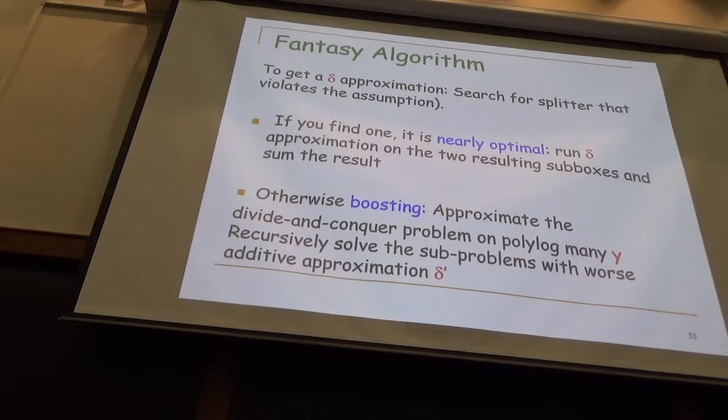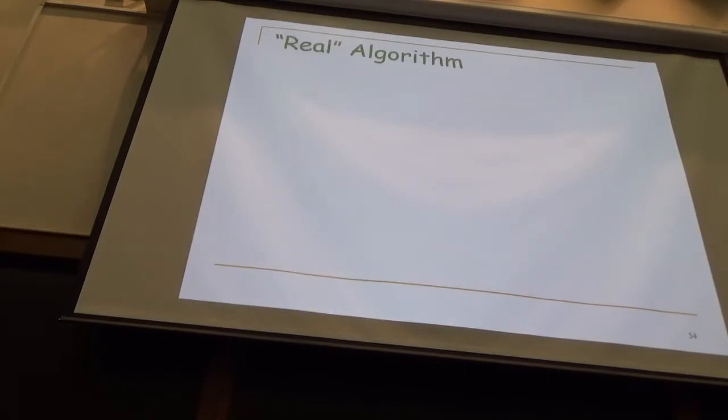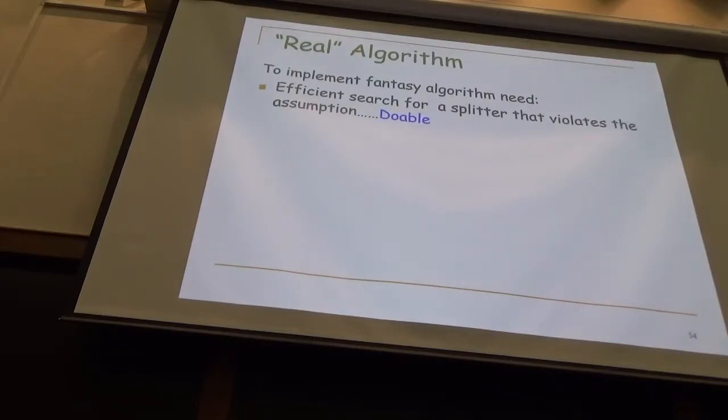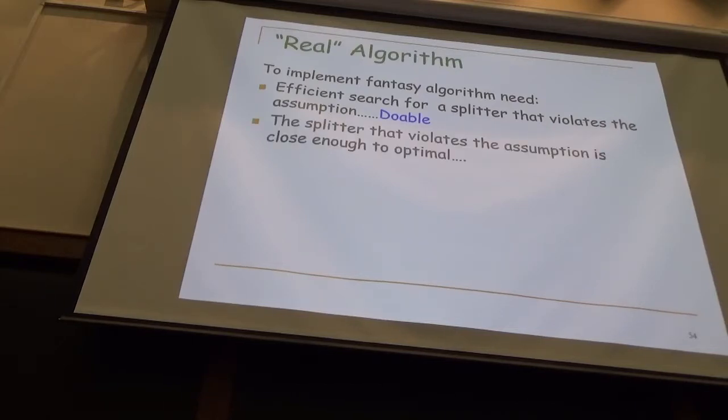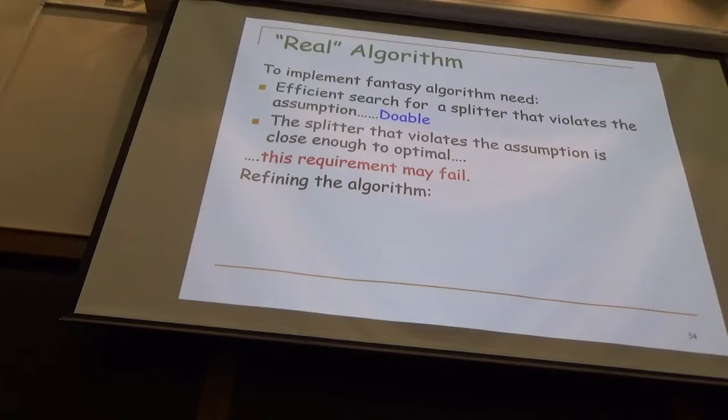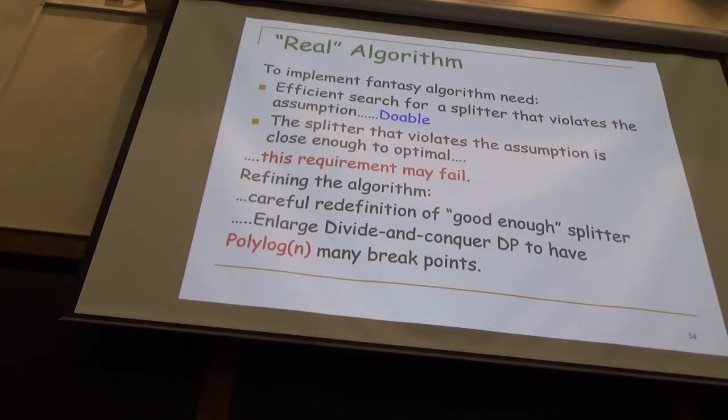Okay, so that's the basic idea of the algorithm. The real algorithm has a bunch of technicalities. You have to search for a splitter that violates the assumption. That's okay. But the splitter that violates the assumption is close enough to optimal, that doesn't quite work. You have to carefully redefine what you mean by a good enough splitter, which is technical, I won't get into.